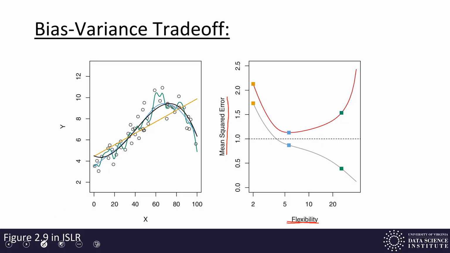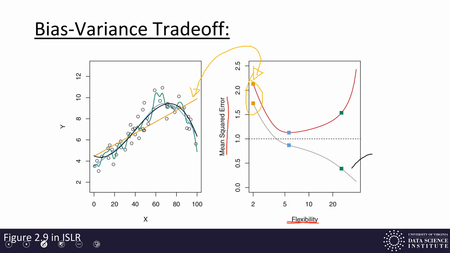So the first method is this gold method, and this is a straight linear regression. The mean squared errors for the gold method are represented here on the right-hand plot. And on the right-hand plot, we have two values giving us errors.